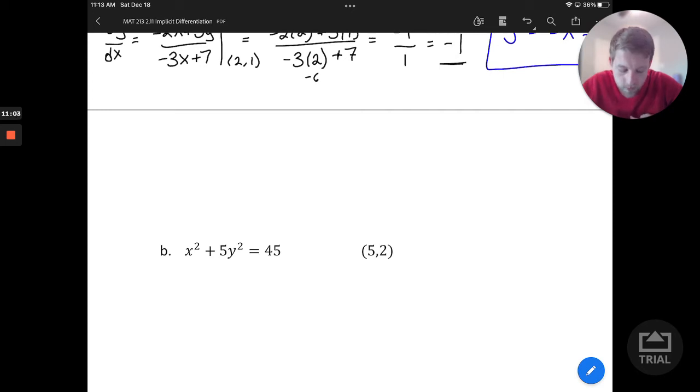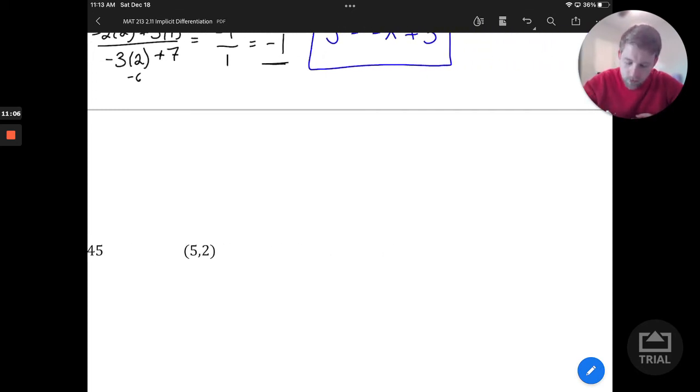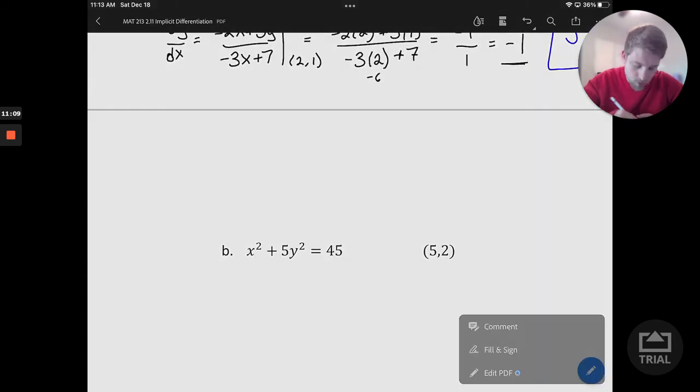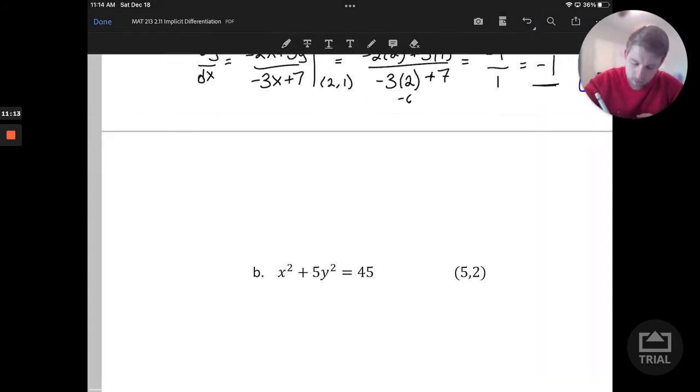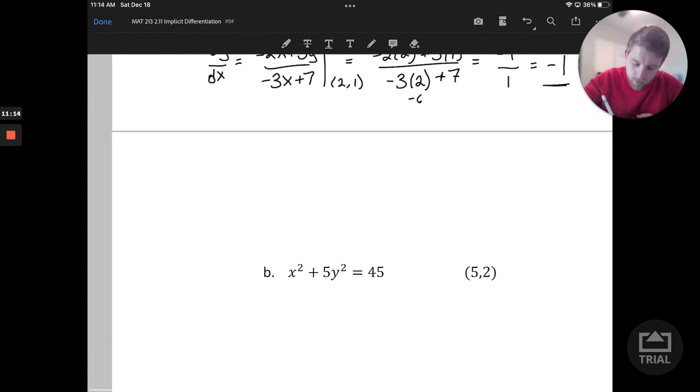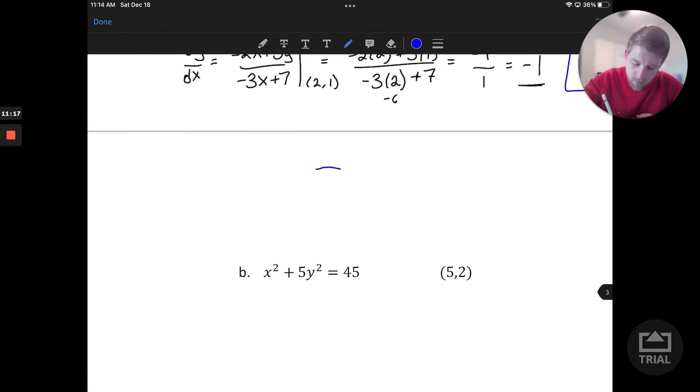And then we're going to consider this, so the shape of this would probably look a little bit like this. Still going to be centered at the origin, but just consider an oval shape. And we're going to be interested in the point (5, 2), which is up in the first quadrant.